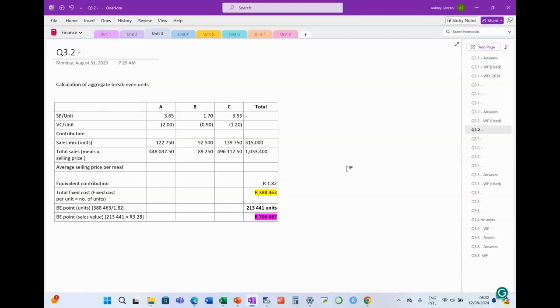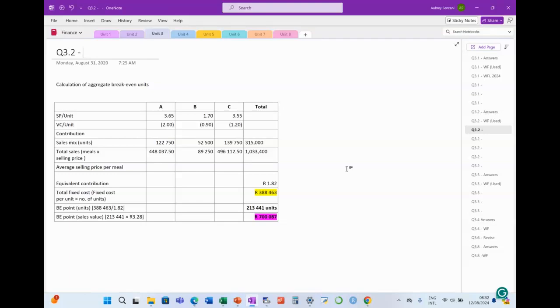So they've given us the revenue and cost per unit. Then it goes on to say unit fixed costs are based on the following sales volumes. And again, remember they are saying calculate the aggregate break even.